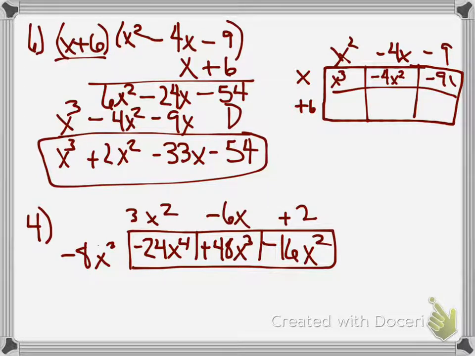Negative 9 times x is negative 9x. 6 times x squared is 6x squared. 6 times negative 4x is negative 24x. And then 6 times negative 9 is negative 54. And then you would combine those, and that would give you that answer. And so that's number 6 in a nutshell, and there you go from there.